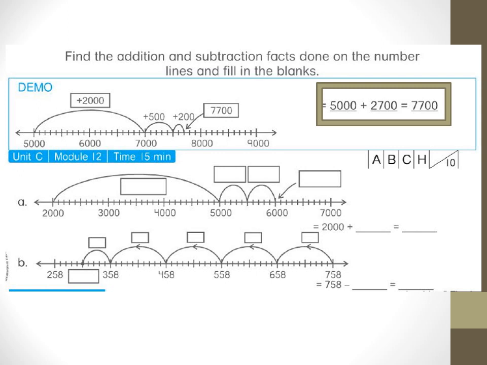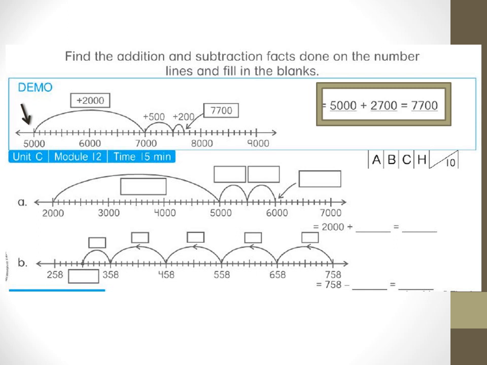So now, module number 12 is a fill up the blanks type of question. Look at the demo. What we have to do, we have to add 500 and 2700 to get 7700. So first of all, we start from 5000. If you draw this number line from 0, you will need a very long piece of paper.